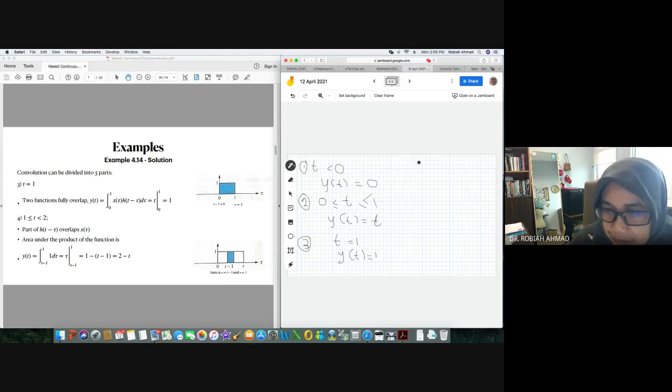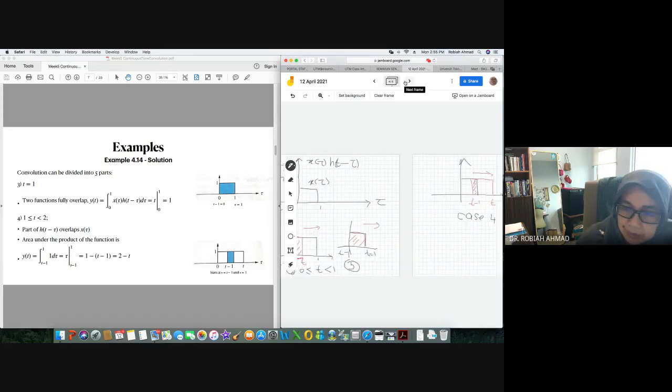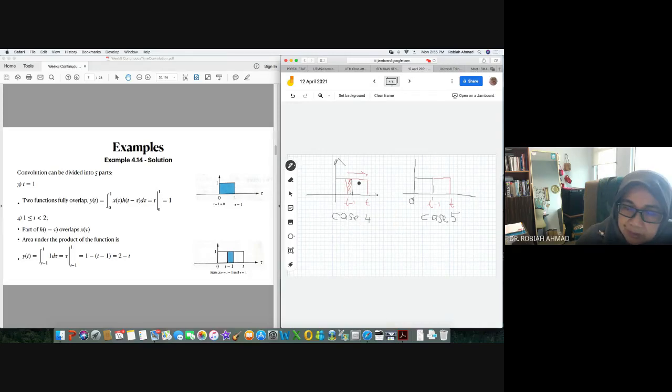Okay, dan keempat. Number 4, case number 4. Refer back to the diagram. Okay, case number 4, the red one is start to leave the black one. So if you look at the limit will be, yang dia overlap is this one lah, between t minus 1 dengan 1. This value is 1. Okay, so we integrate t minus 1 to 1.